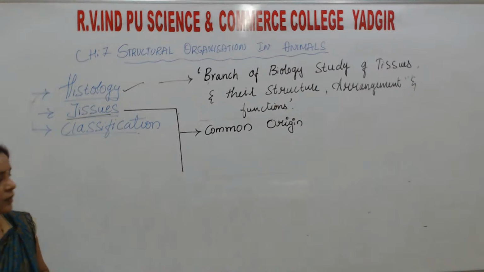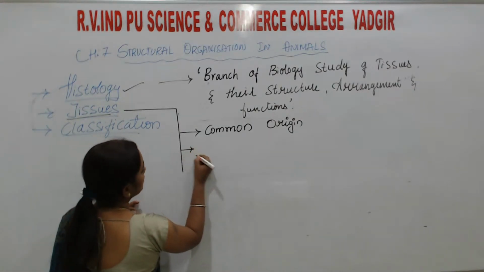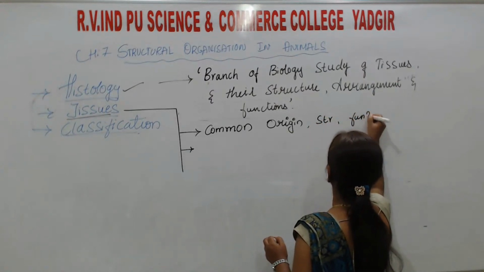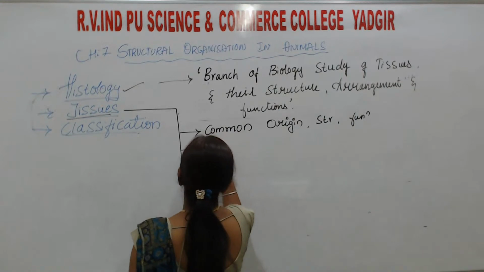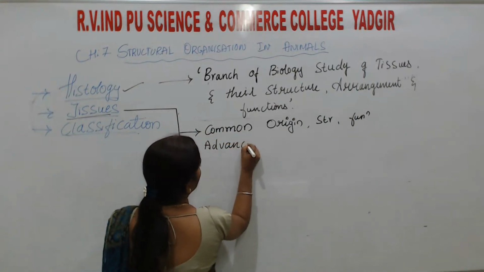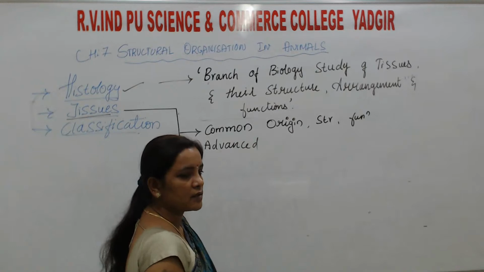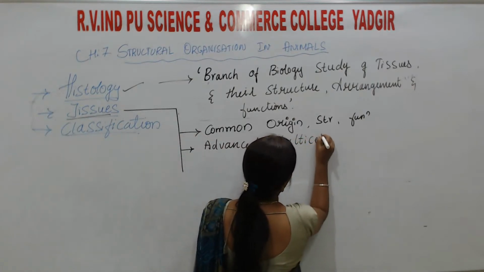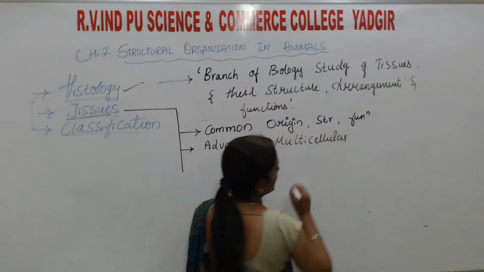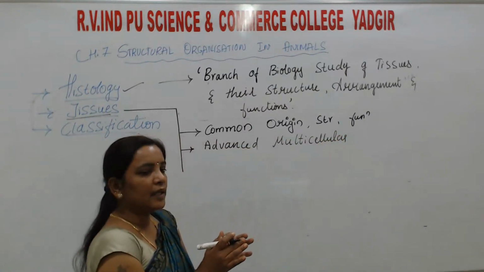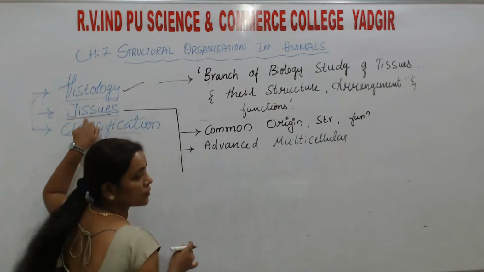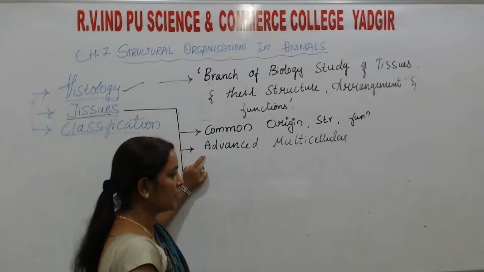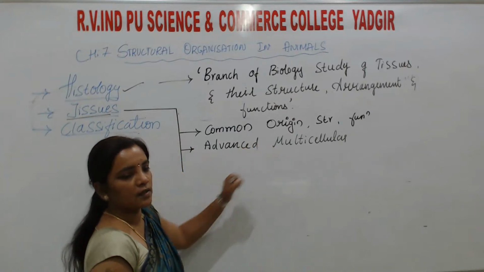These tissues are considered to be advanced multicellular. Why is it called multicellular? A group of similar cells will form the tissues. So it is called advanced multicellular.